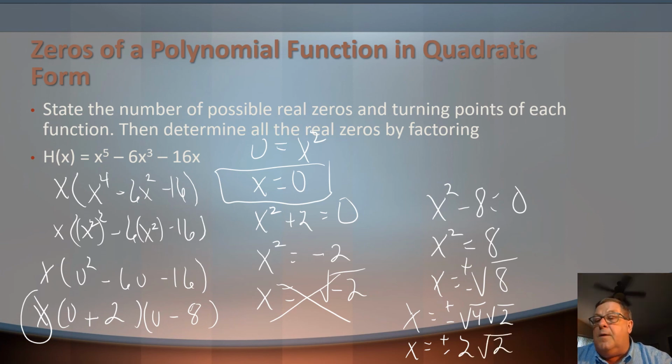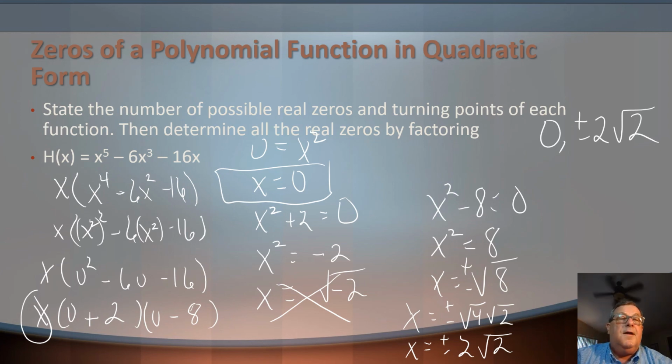So, even though we could have 5 possible real zeros, we only have 3. 0 is 1, and then we have 2 more with plus or minus 2 times the square root of 2. Since x equals the square root of negative 2 would be an imaginary, complex number, they're not real zeros. So we only have 3, even though we could have had a possibility of having 5. Shazam.